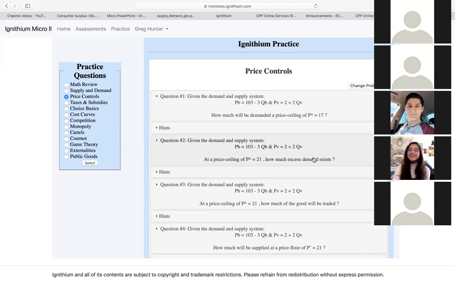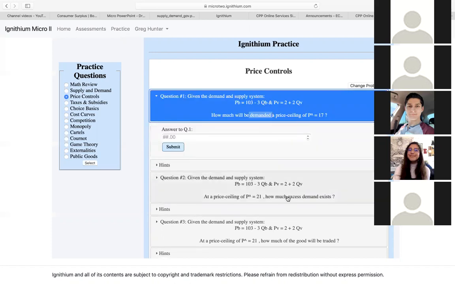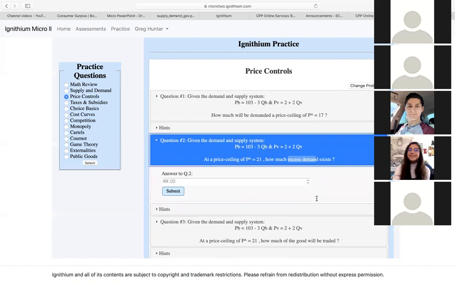27.33. Okay. I kind of expected this, but excess demand, that's different, right? Before we had the quantity demanded, but this is about the idea of excess demand. So probably something different.